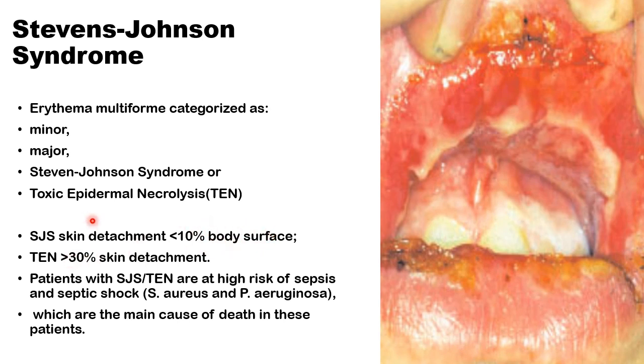In toxic epidermal necrolysis, it's more than 30% of the skin surface area. Patients with these two conditions have high risk of sepsis and septic shock due to Staph aureus and Pseudomonas aeruginosa infection. These can sometimes cause death in severe cases.